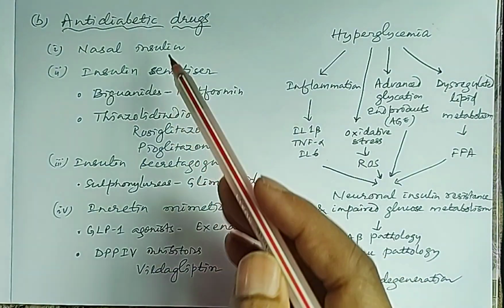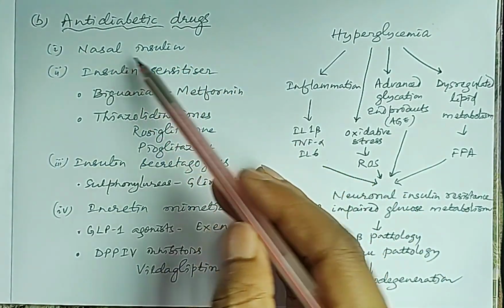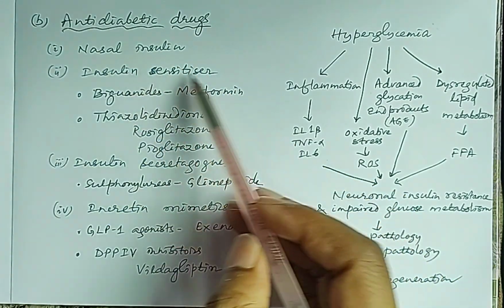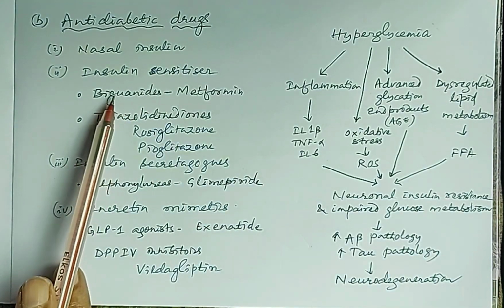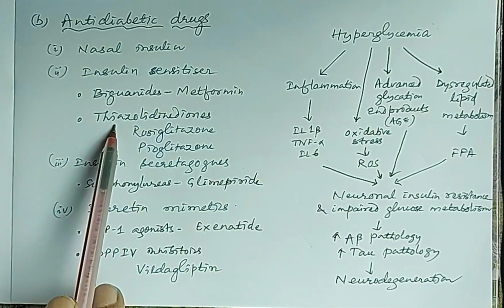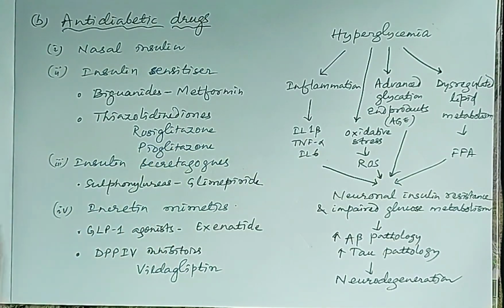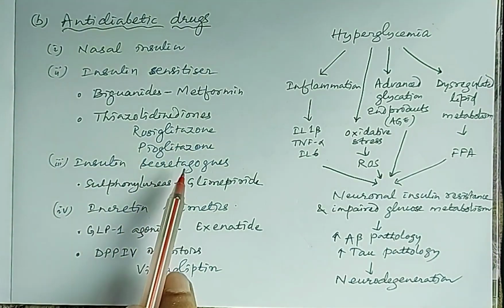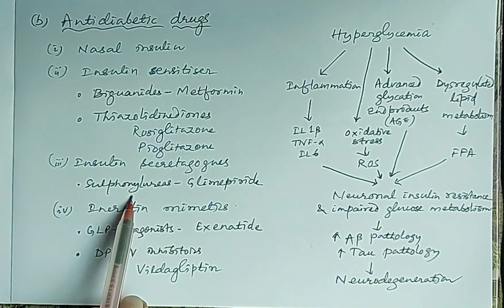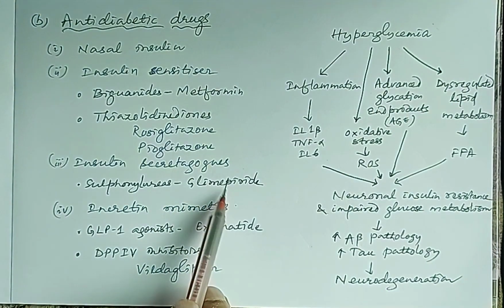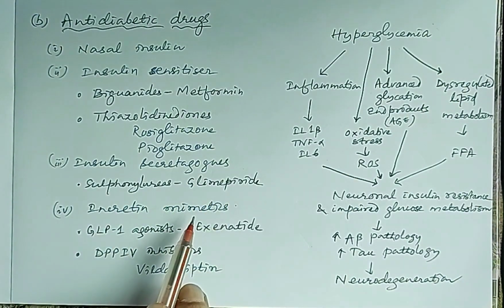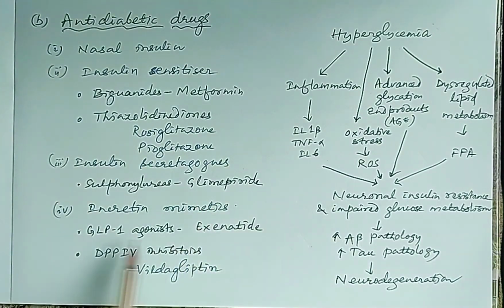Many of the anti-diabetic drugs, including nasal insulin, insulin sensitizers like biguanides like metformin, thiazolidinediones like rosiglitazone, pioglitazone, insulin releasers like sulfonylureas, for example glimepiride, incretin mimetics, which indirectly increase the insulin activity, like GLP-1 agonist exenatide, DPP-4 inhibitors like vildagliptin.